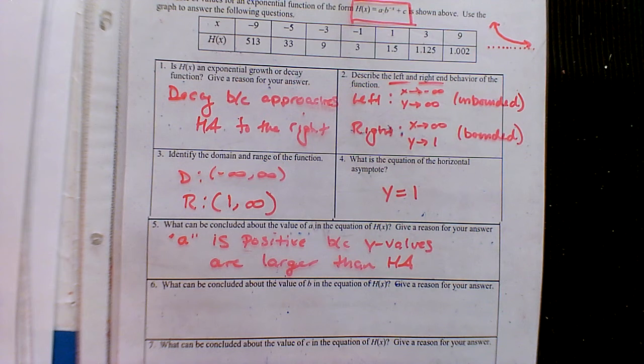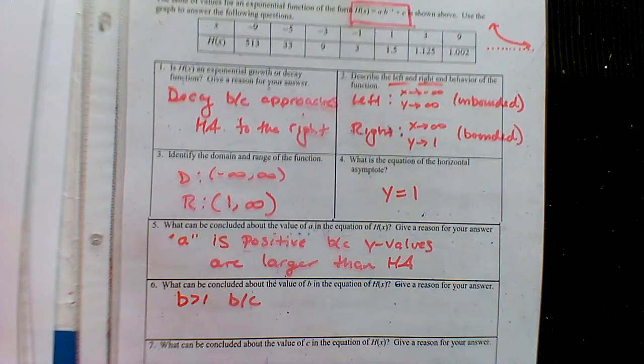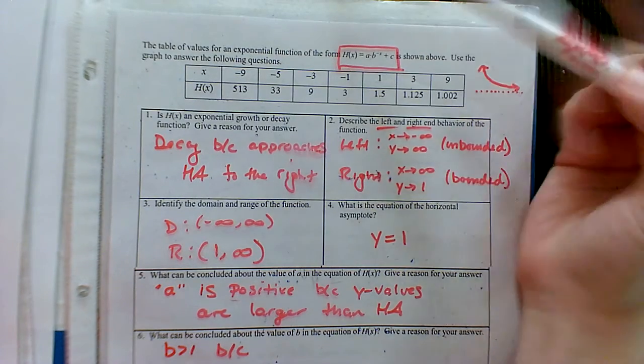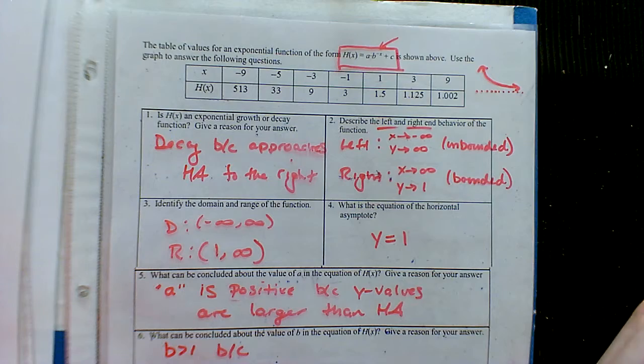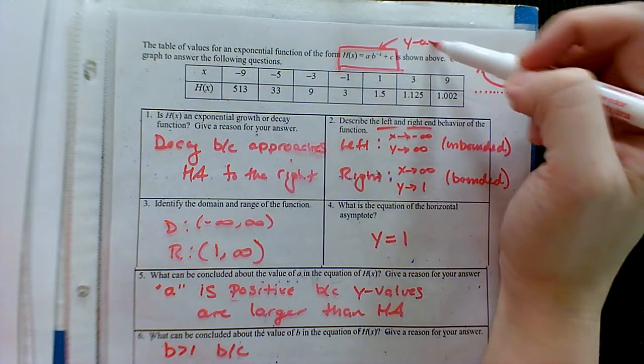What about 6? What can be concluded about the value of B? Again, they're not asking you to find it. They just want you to tell something about it. So is it between 0 and 1, or is it bigger than 1? Go, Rebecca. I said it's greater than 1 because the graph is decay and there is a y-axis reflection. Good. Pay close attention to the function. There is that negative up in the power spot signifying a y-axis flip.